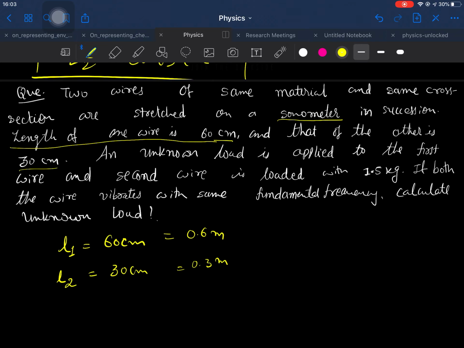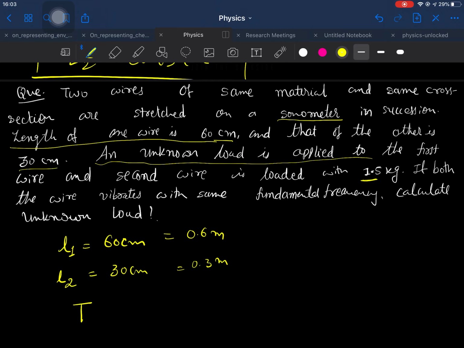Now they have also given the next information that an unknown load is applied to the first wire and the second wire is loaded with 1.5 kg. So they have given information about the load, that is 1.5 kg for the second. Remember, you don't just try to substitute a mass.